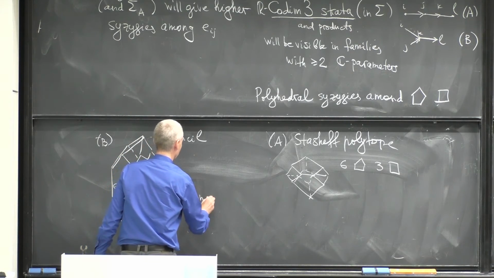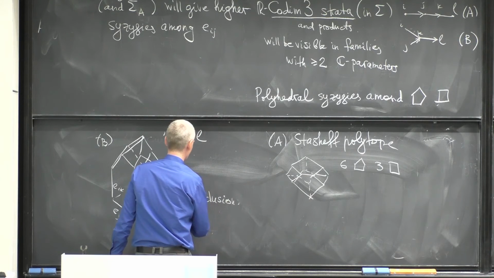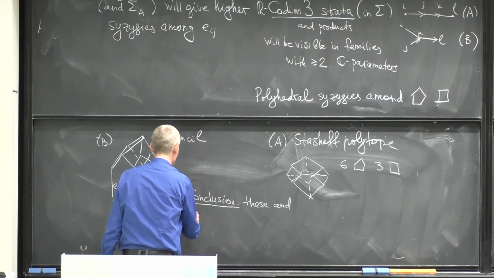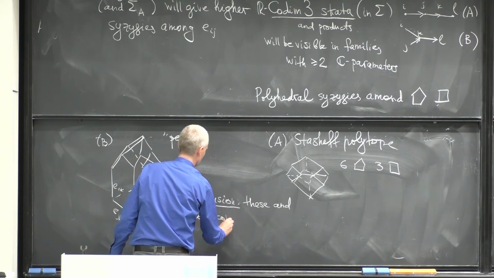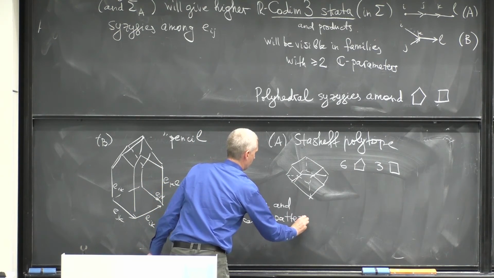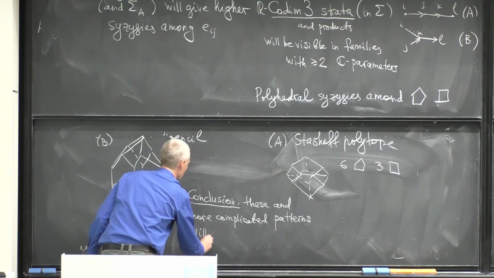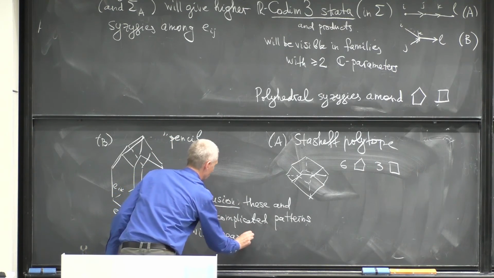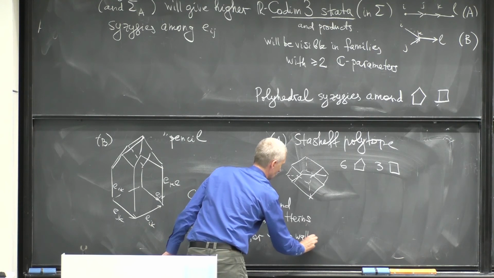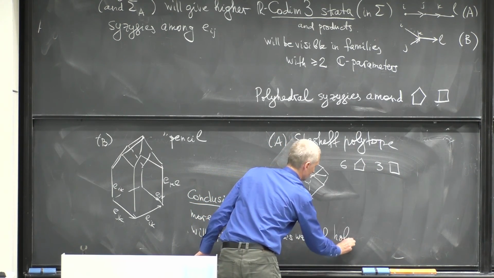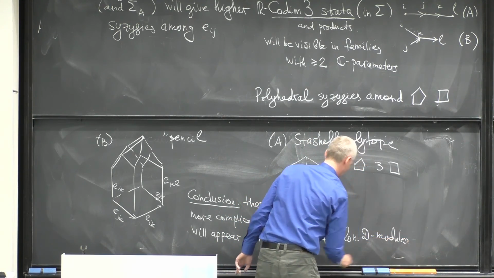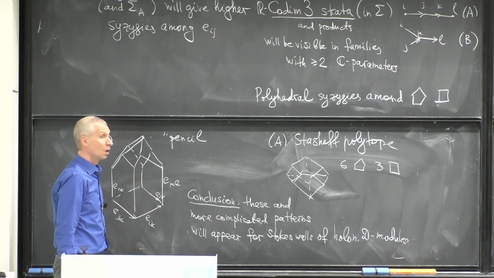So my conclusion is that these and more complicated, higher dimensional syzygy patterns will appear for Stokes walls of holonomic denominators. And of course, it will be very interesting to study this. Okay, thank you so much.